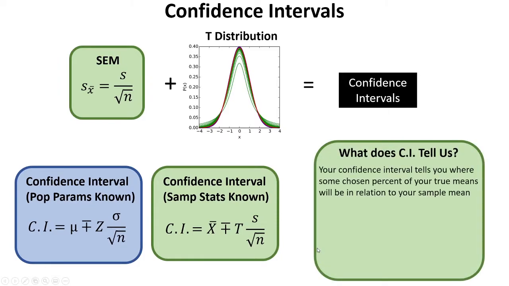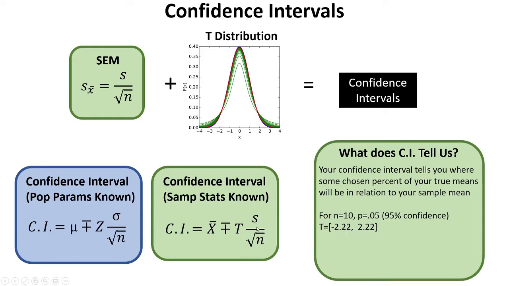So yeah, what does the confidence interval tell us? Your confidence interval tells you where some chosen percent of your true means will be in relation to your sample means, right? So for example, with an n of 10 and p equals 0.05, your t-distribution confidence interval would be negative 2.22 to 2.22 t.